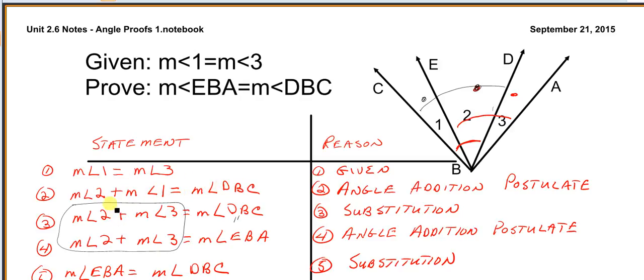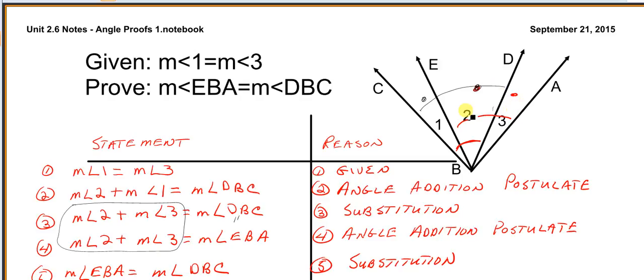Well, I know that angle 1 is really equal to angle 3, so by substitution I pull angle 1 out and I put angle 3 in. So now I have the measure of angle 2 plus the measure of angle 3 is equal to the measure of angle DBC. Alright, so now let's use another angle addition postulate.